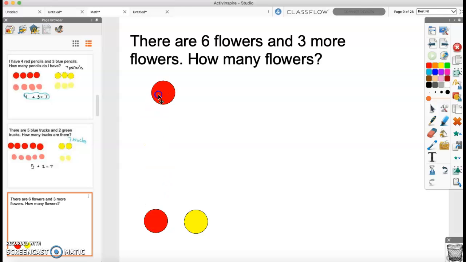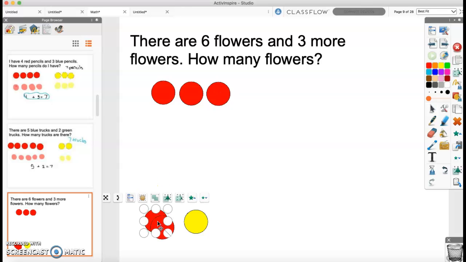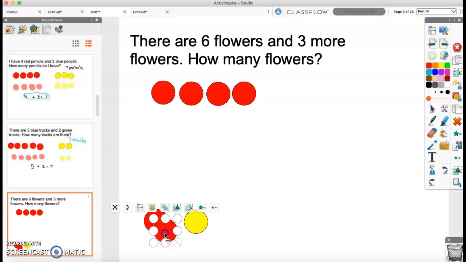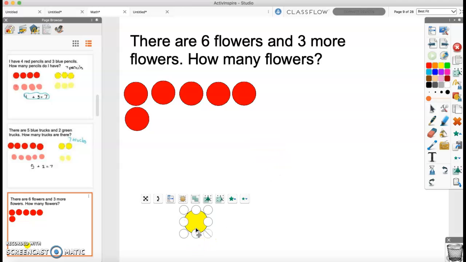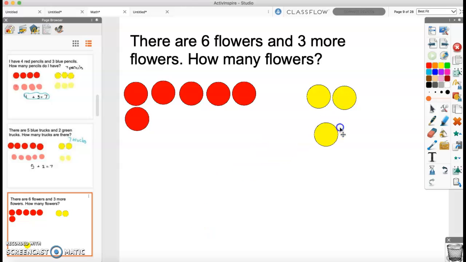I'm going to put out 6 flowers. 1, 2, 3, 4, 5, 6, and 3 more flowers. 1, 2, 3.